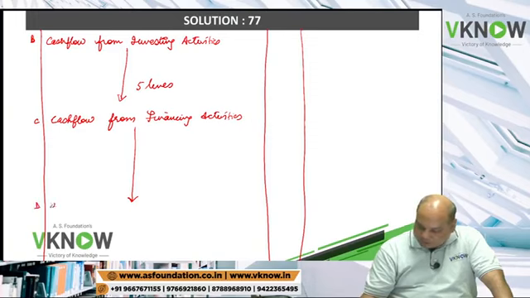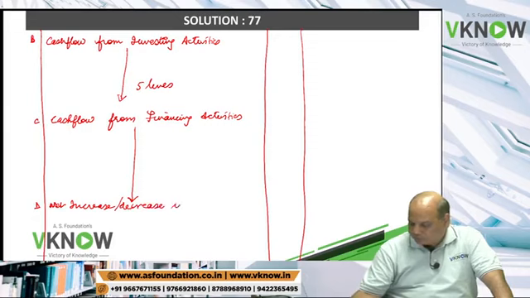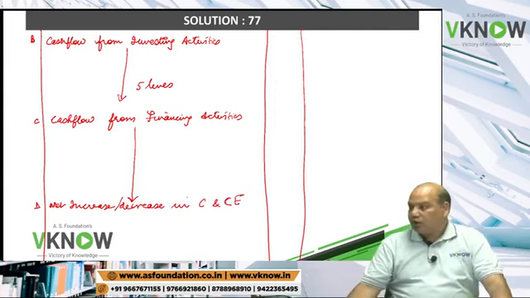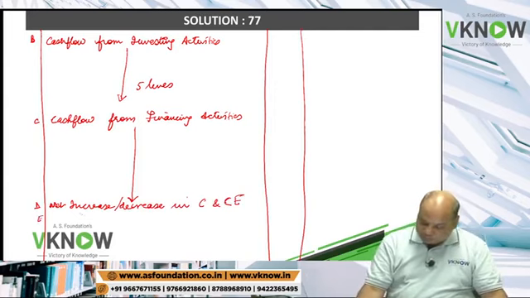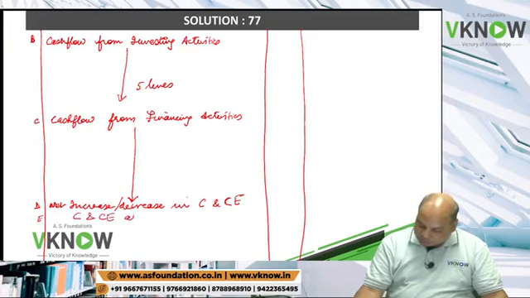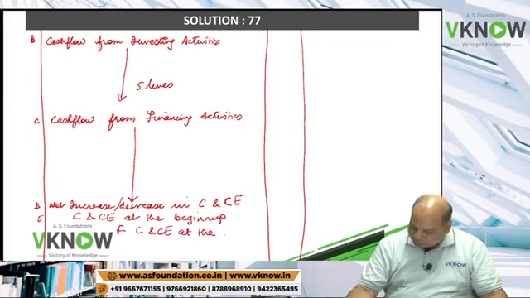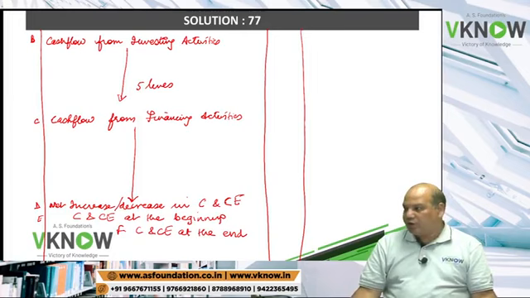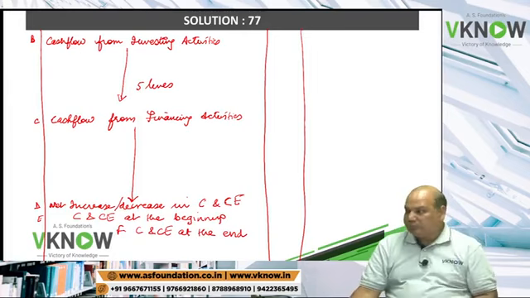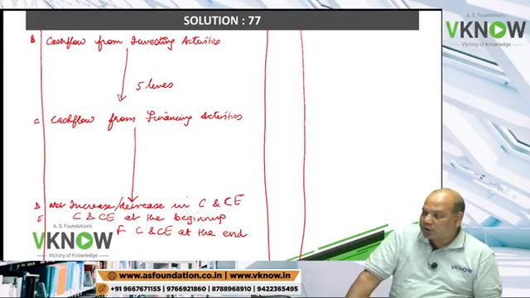Point D, net increase or decrease in cash and cash equivalent. Point E, cash and cash equivalent at the beginning. Point F, cash and cash equivalent at the end.